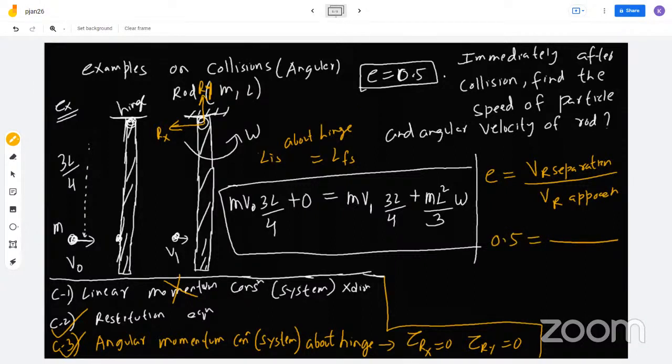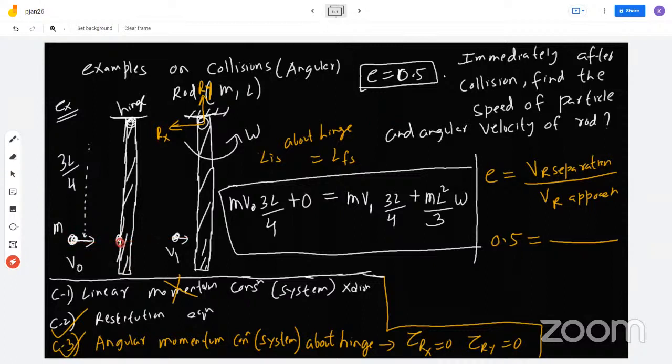The restitution equation must be written along the line of impact, at the point of contact. The line of impact is this direction, where the point mass interacts with this point of the rod.